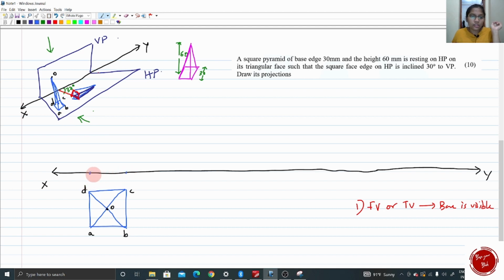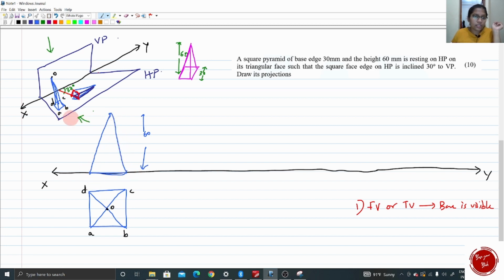So this is the base and a triangle is seen now, and the height of the square pyramid is 60 mm. So with 60 mm height, I should mark a point straight above this apex O, and from this point I need to connect the ends of the base.